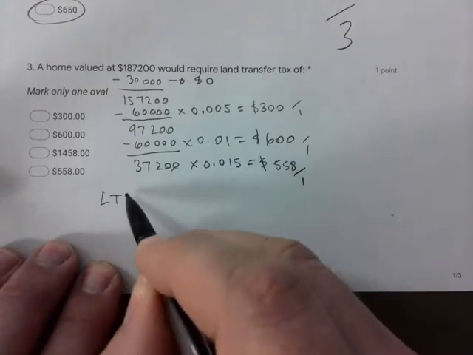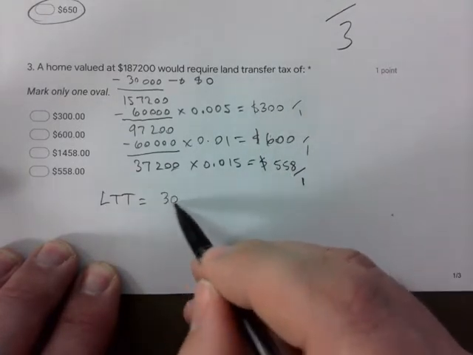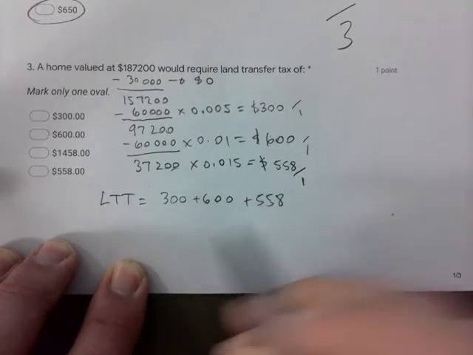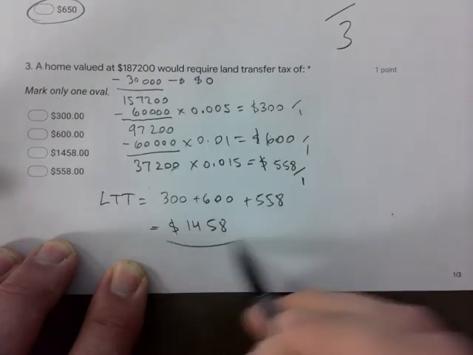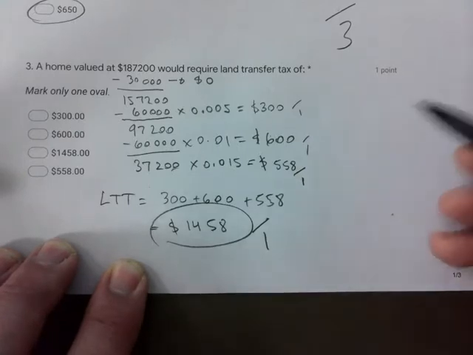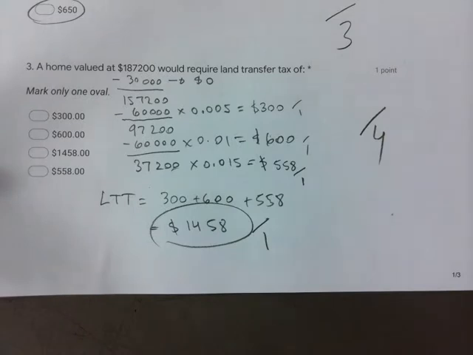And then your land transfer tax is adding up all 3 values. That's 1458. And that gives you another mark getting that answer. So this question is worth 4. So 4, 3, and 1. So this page is worth 8. 8 marks.